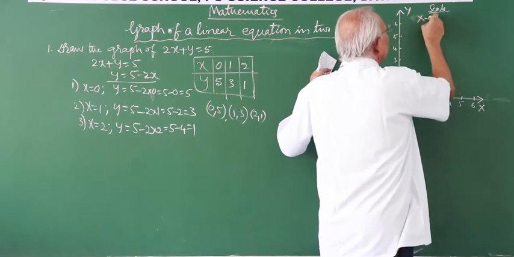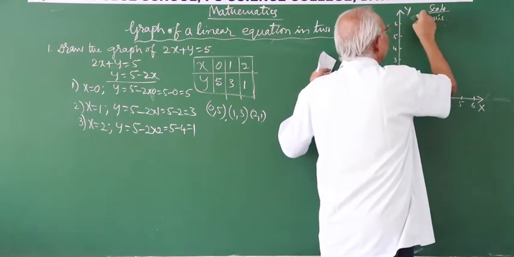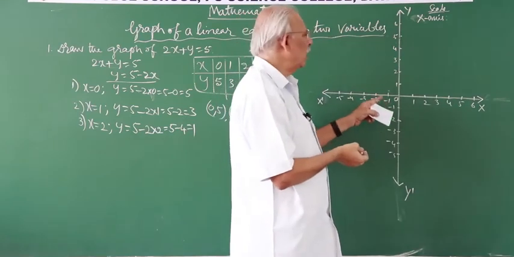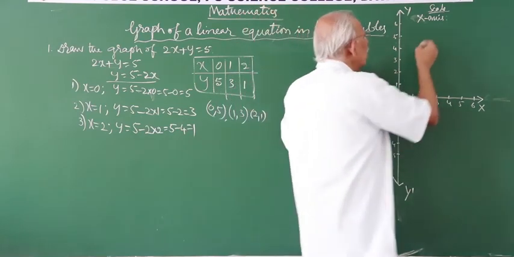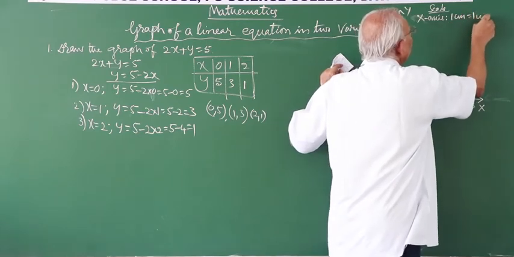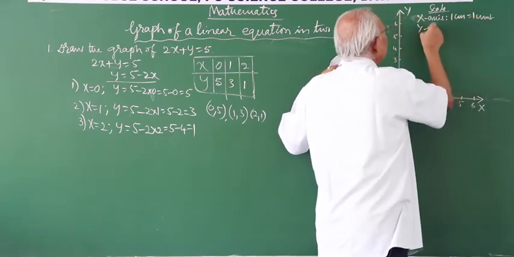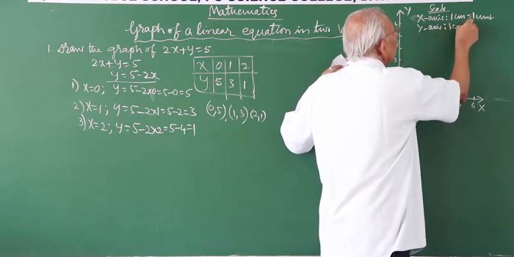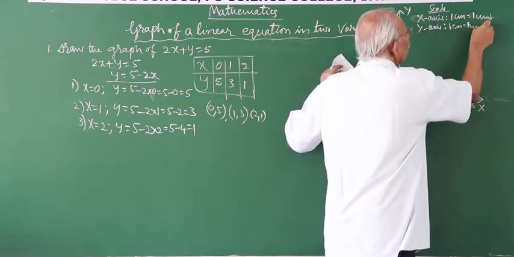Of course, you can take different scales for the x-axis and y-axis. Here you are taking on the x-axis 1 centimeter equals 1 unit. The y-axis also, 1 centimeter equals 1 unit.